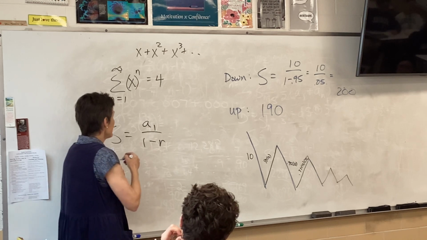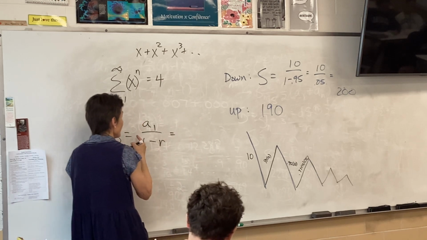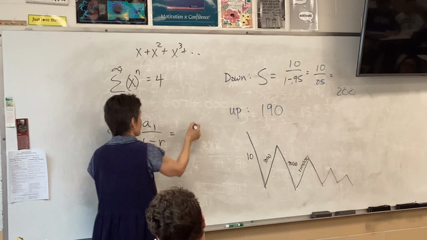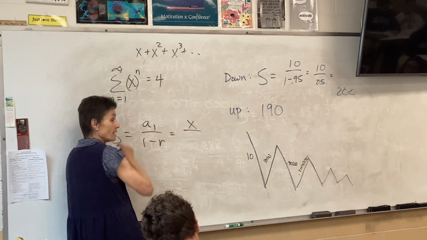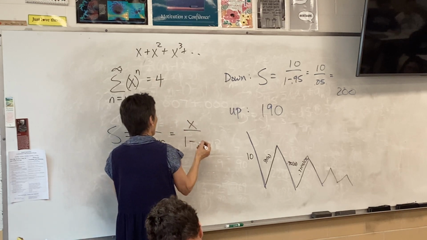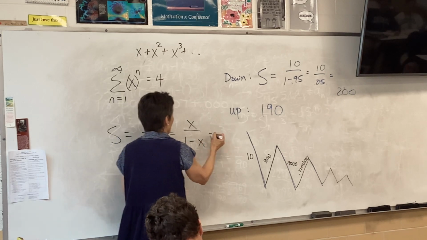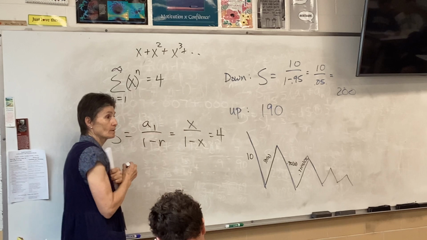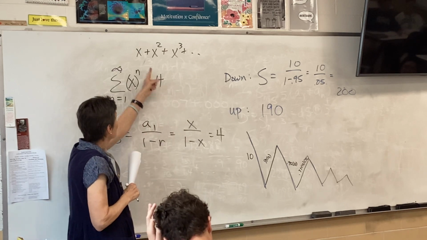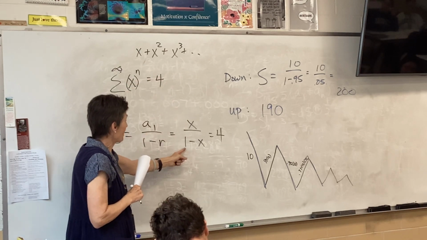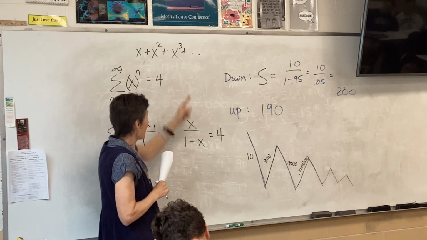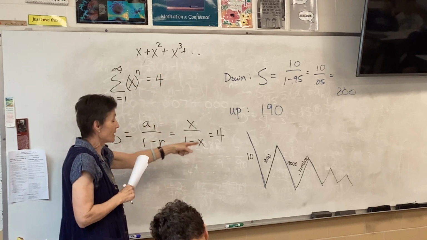Ratio's X. So, according to my formula, the first term, which is also X, divided by 1 minus the common ratio, has to be 4. First term, you figured out that was X, divided by 1 minus the ratio, you figured out that was X. According to the problem, that has to equal 4.